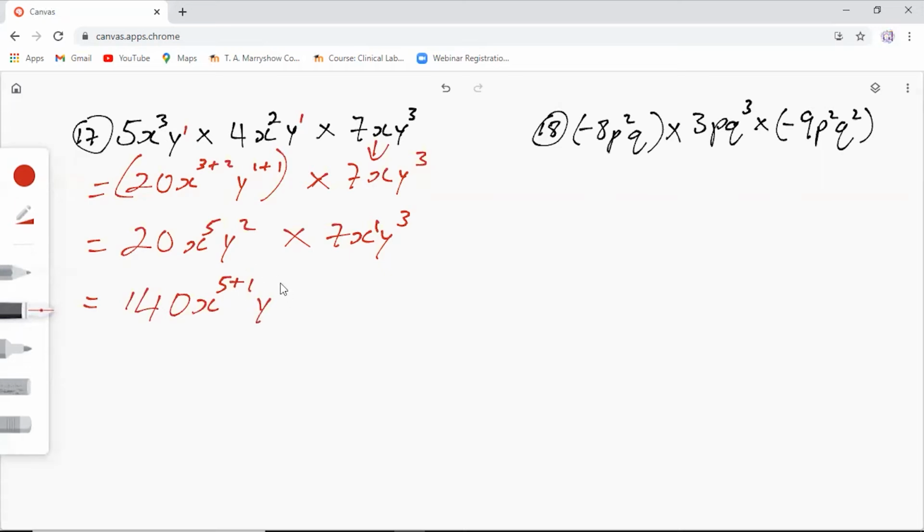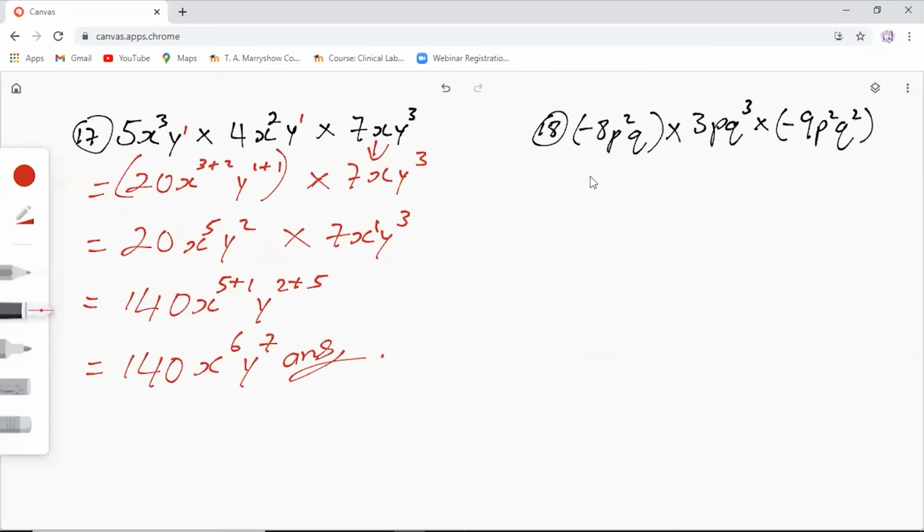And then y squared times y cubed is the same as y to the power of 2 plus 5. So we have to simplify that. We bring down the 140, which we get when we multiply the 20 by the 7. And then x to the power of 5 plus 1 is x to the power of 6. And then y to the power of 2 plus 5 is y to the power of 7. So that's our answer there. X to the power of 6, y to the power of 7.